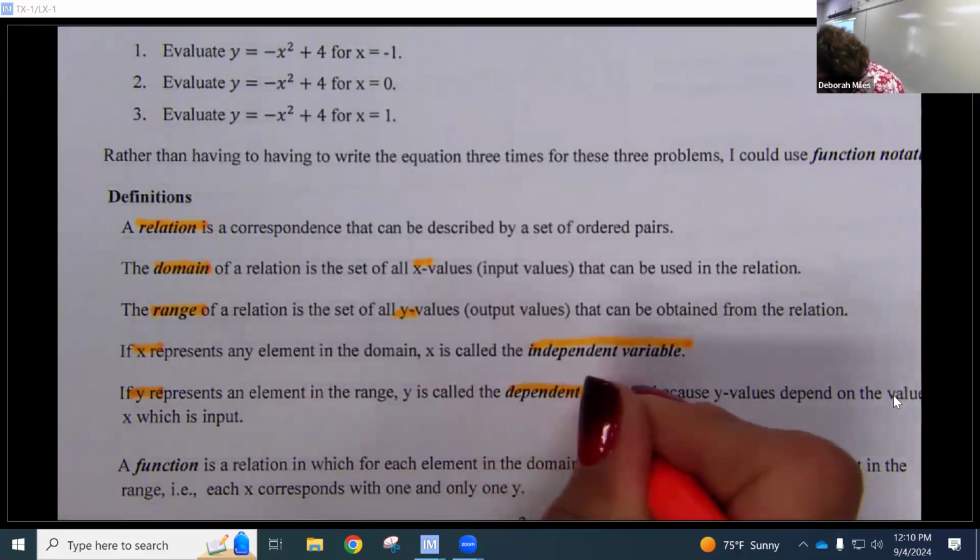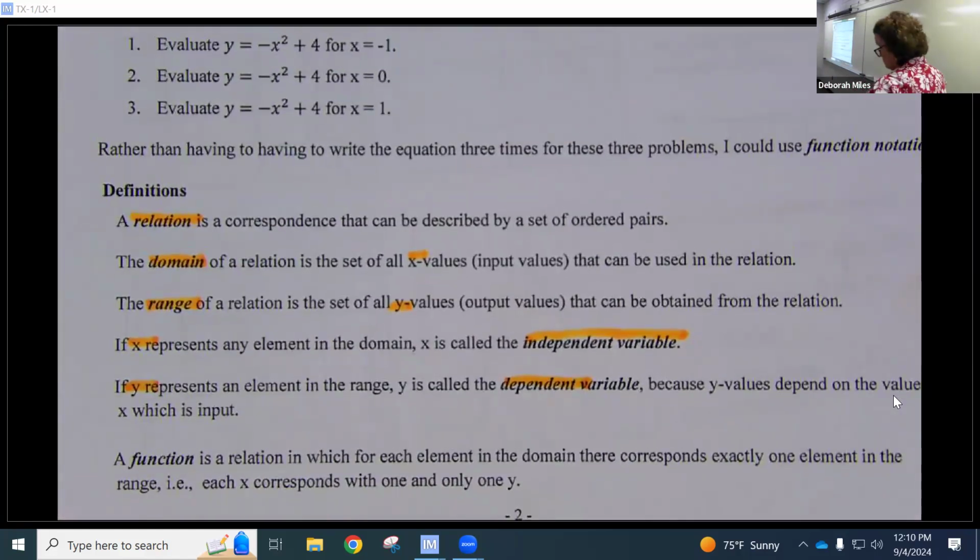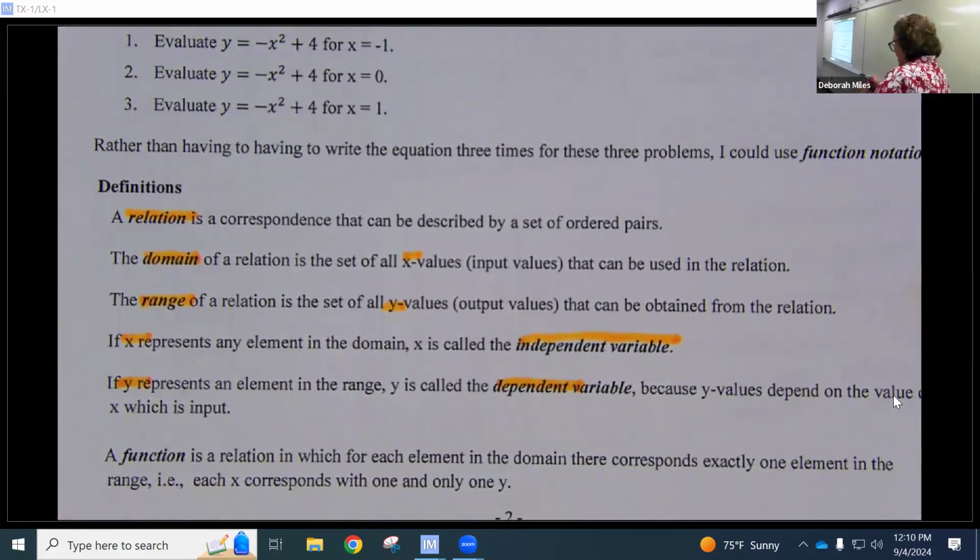It depends on the x that you put in. And with all of those terms defined now, we can talk about what a function is. A function is a specific kind of relation.